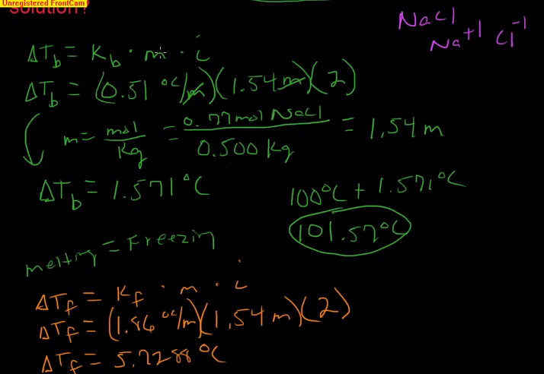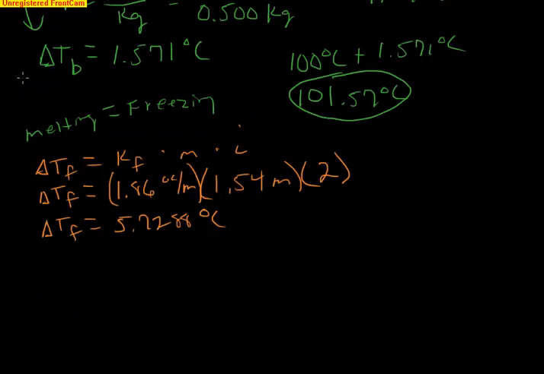So we know that the freezing point, now once again, freezing and melting, same thing numerically. I'm just going to use the terminology freezing because we've got our subscripts F. For water, water normally freezes at 0 degrees Celsius. But because this is freezing point depression, and you depress something means you make it lower, so we are actually 5.7288 degrees lower than we normally are at 0.